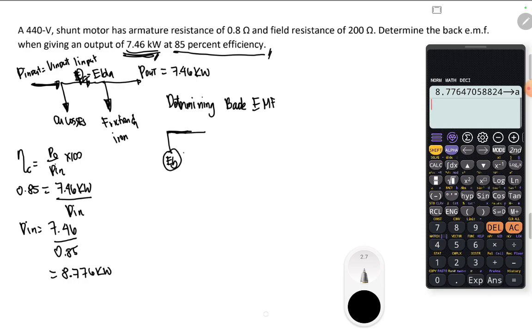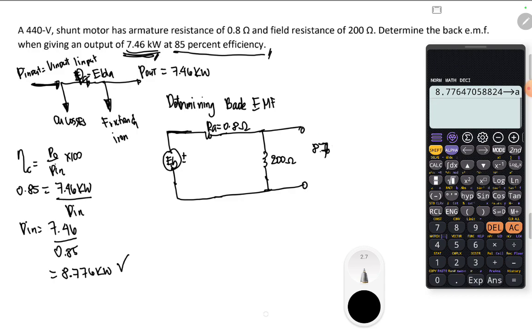So we have EB, positive, negative, and of course you have our RA, which is equal to 0.8 ohm, and then we have our RSH, which is equal to 200 ohm, and then we have our power input, which is equal to 8.776 kilowatt.